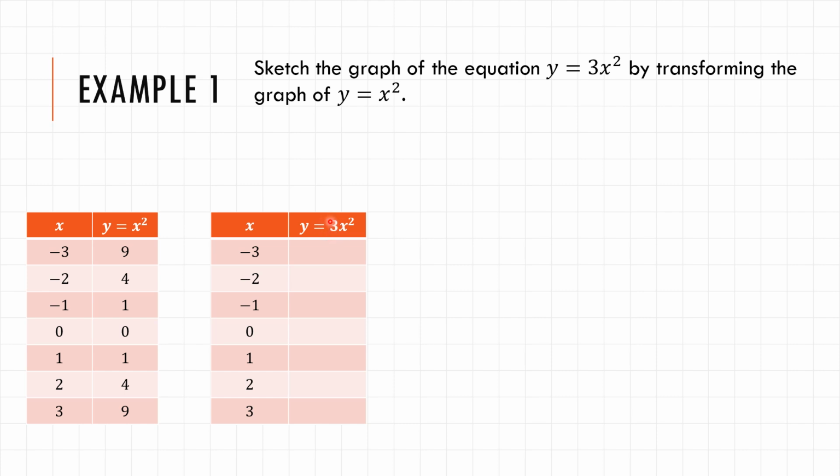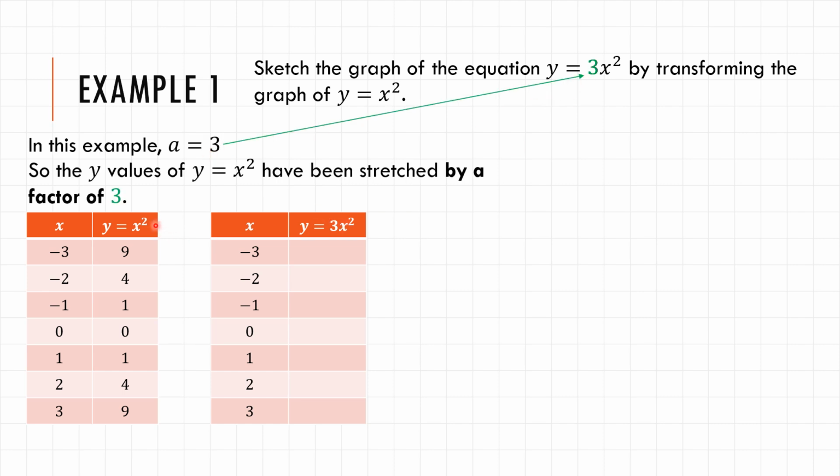And another way to think about that is all the y values here, because the y values are equal to x squared. So we're taking those y values, x squared, and multiplying it by 3. So if we want to find the new coordinate locations, we have to multiply all of these by 3. Right? So in this example, a is 3. So the y values of y equals x squared have been stretched by a factor of 3.